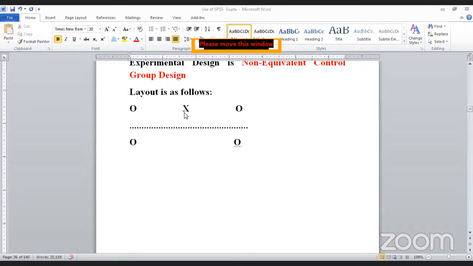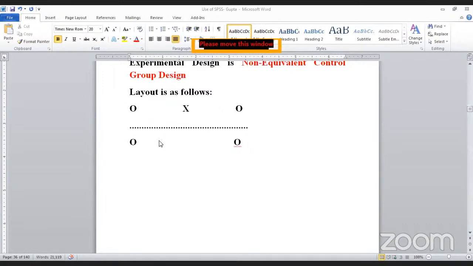X represents the treatment. These are the standard symbols which we use. If you want to say O1, no problem. You can say O1, O1, O1, O1. No problem.